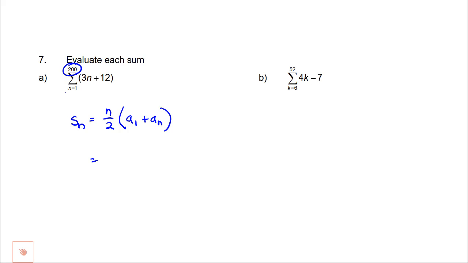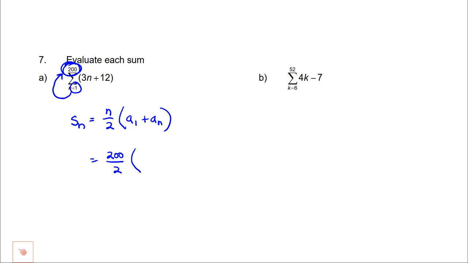How many terms are there if I count from 1 to 200? 200. By the way, look, what do I get when I take 200 minus 1? 199. You know that's wrong, right? Because when you count, 1 is 1, 2 is 2, 3 is 3, right? 1, 2, 3, there's 3 terms. So all the way to 200, there are 200 terms.